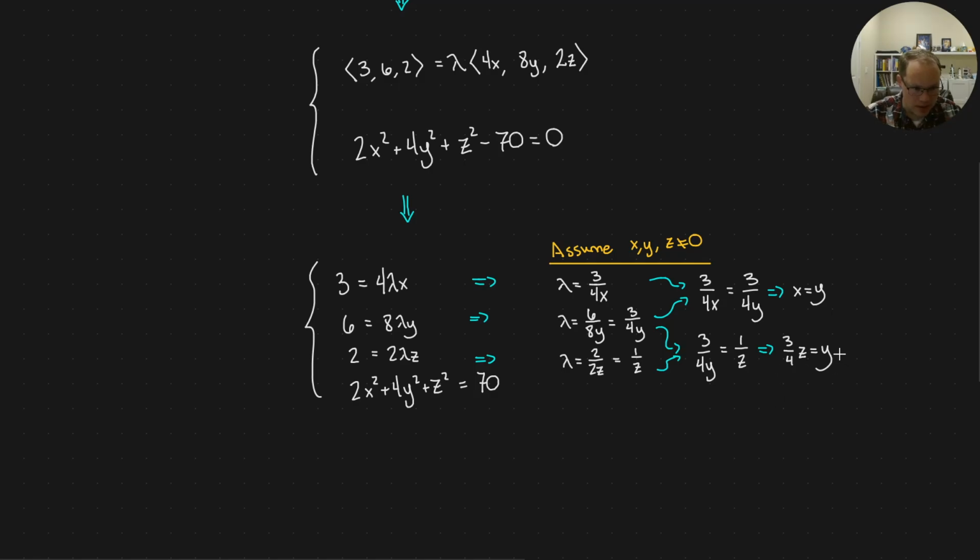Actually, let's multiply the 4 to the other side too. So I get 3z equals 4y. I think I like that a little better, although I don't know if it's very useful. Maybe we'll just stick with what we got. Okay?